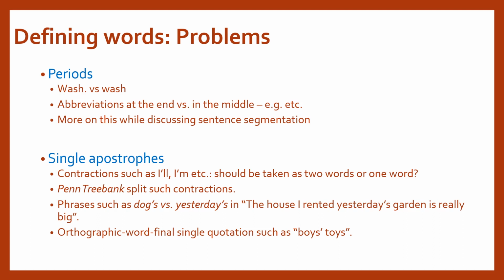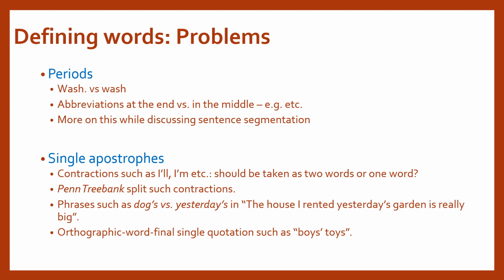Then you have this issue of the uses of apostrophes. You remember that I have talked about the clitic, and whether a clitic or this kind of contraction should be taken as one word or two words.